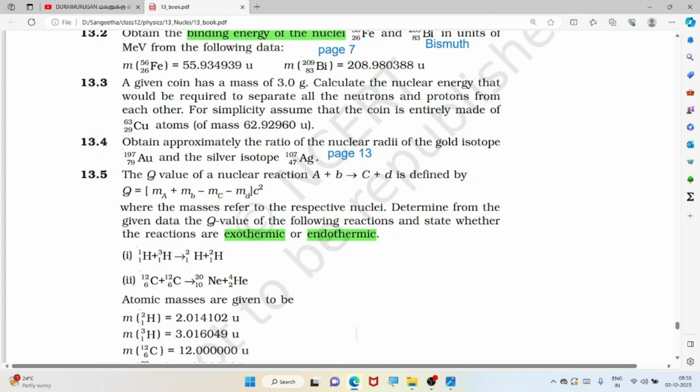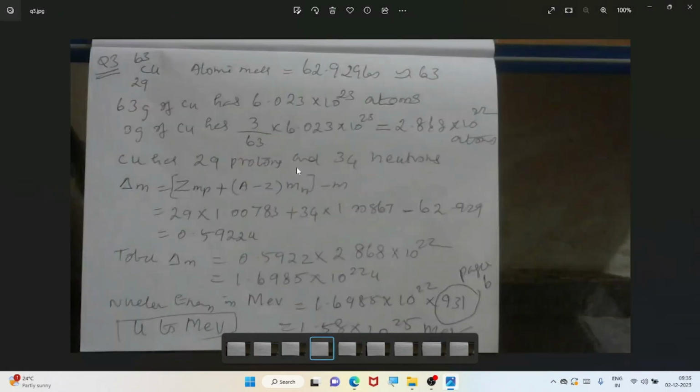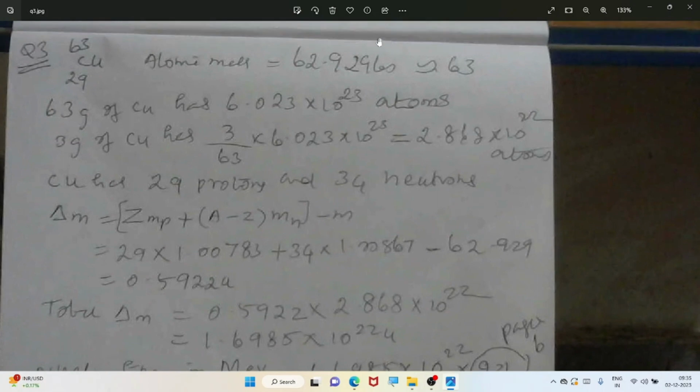For simplicity, assume that the coin is entirely made up of copper atoms, with this atomic mass. This has 29 protons and 63 minus 29 neutrons, that means 34 neutrons.